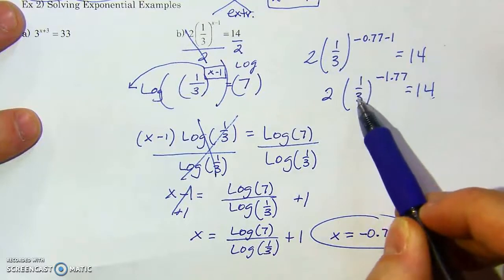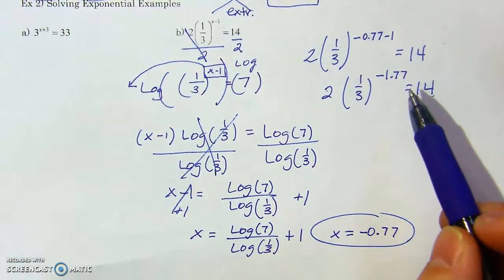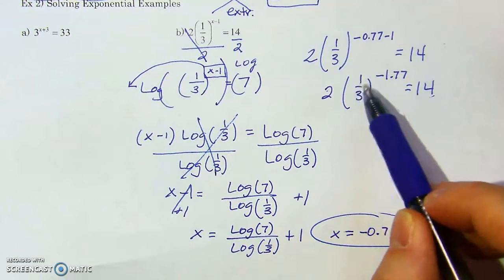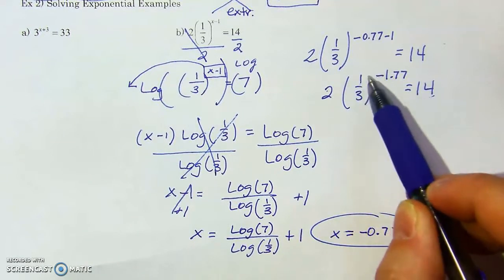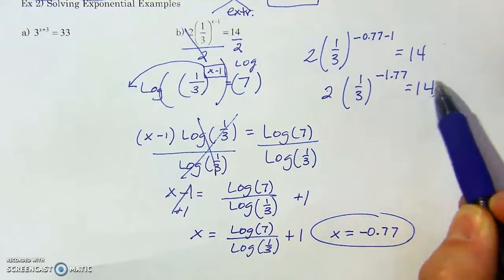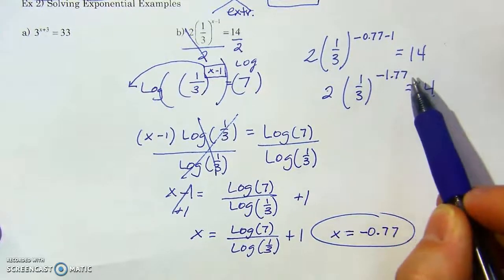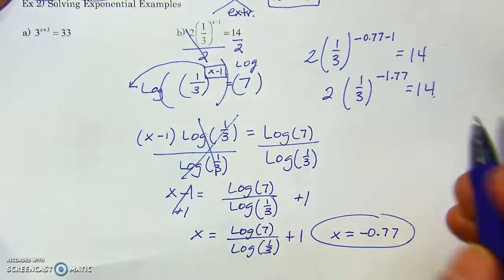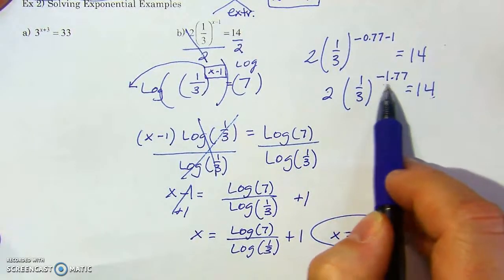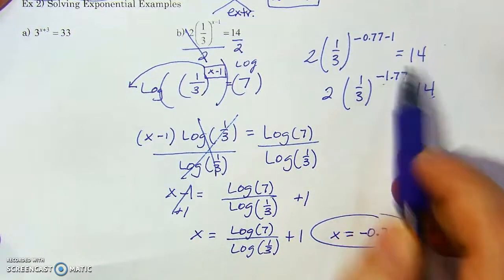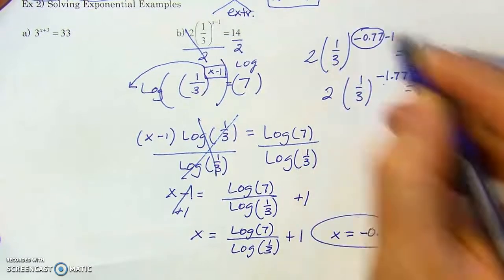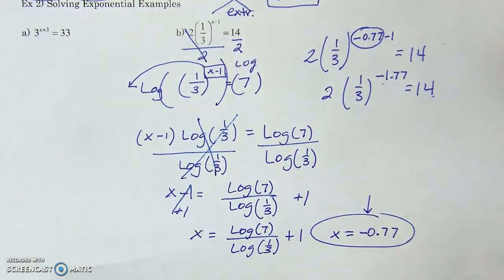Okay. If we took 1/3 to the negative 2 power, it'd be 3 squared, because we flipped the fraction, then 2 times 9 is 18, which is too much. Which means negative 1.77 as the exponent should make a lot of sense, meaning negative 0.77 as our answer should feel really good.